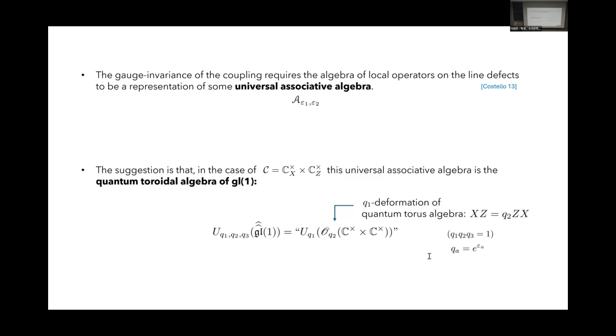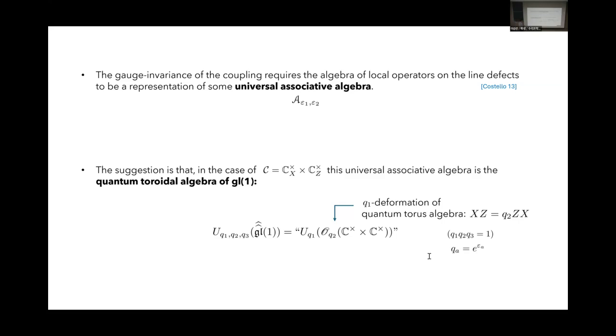It applies to any background. Remember, there was a choice of the complex two-dimensional space C. For different C, it's going to be a different algebra. As I showed you in one of the slides, it could be of affine Yangian type. In our case, where I chose C to be C star times C star, it's going to be the quantum toroidal algebra, because the claim is that it has to be the quantum toroidal algebra.